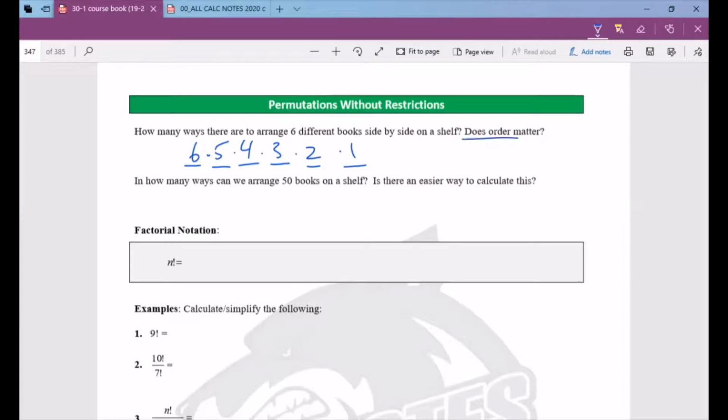Does the order matter is kind of a critical question in this unit. Does it matter what order we put these books in? If it's asking us how many ways there are to arrange them, the fact that we are using the word arrange kind of infers that it does matter. I multiply this out, this ends up being 720.